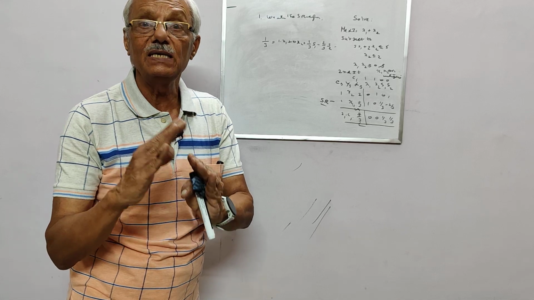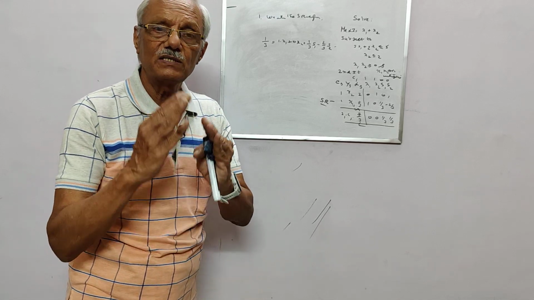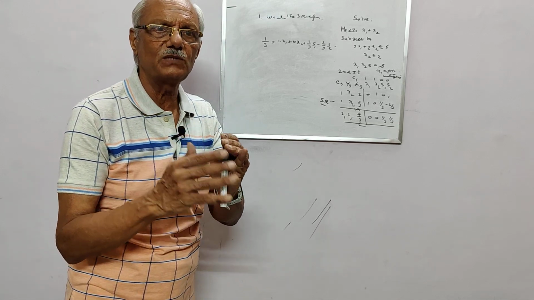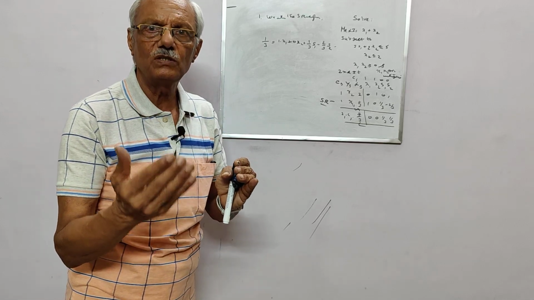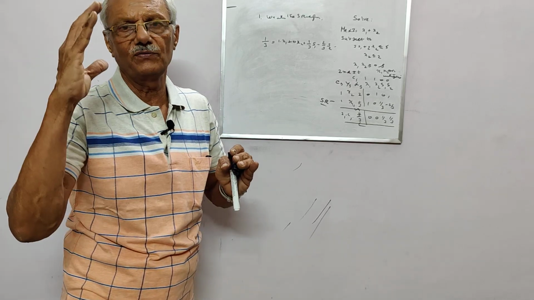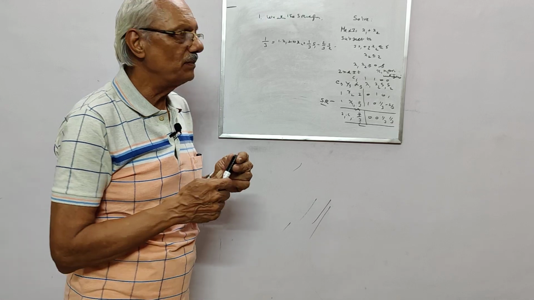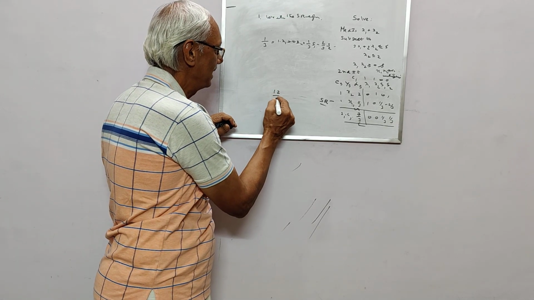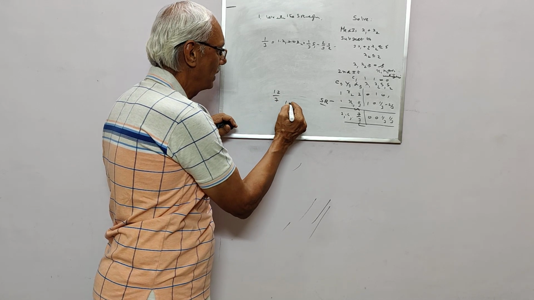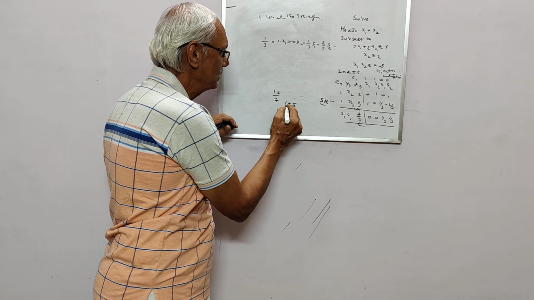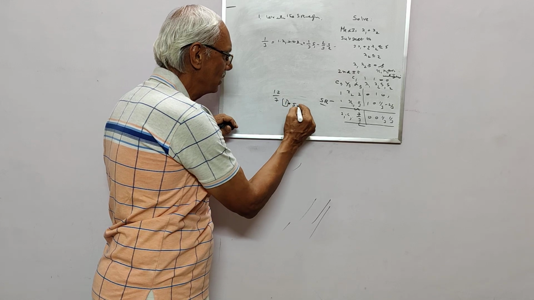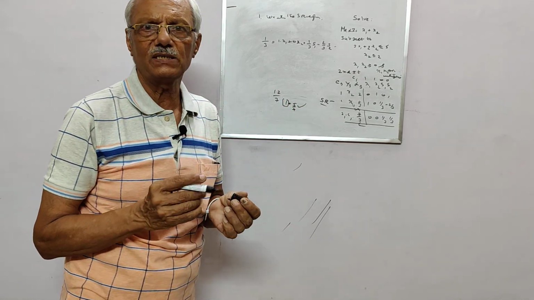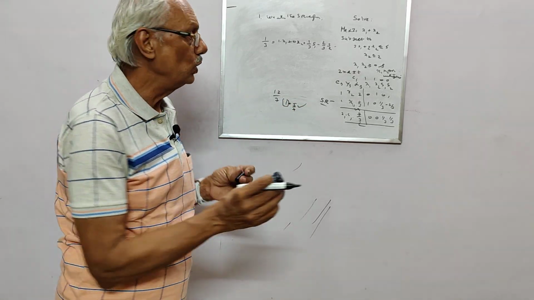If it is an improper fraction, say 3 by 2, it is 1 plus 0.5. Suppose it is 12 by 7, you will write 1 plus 5 by 7. Here 1 is an integer and 5 by 7 is a fractional part. So you must write all of them in that form.